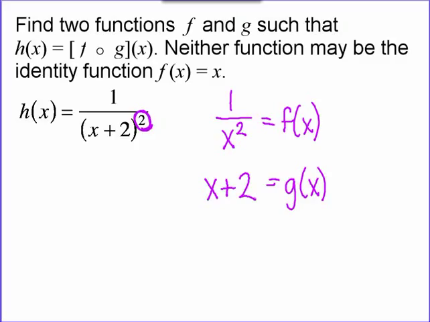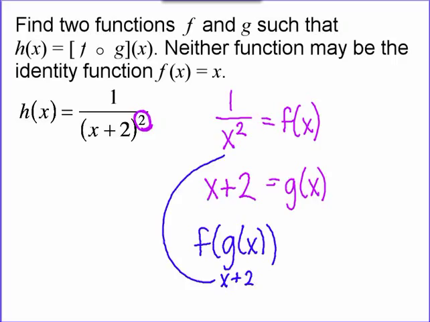Remember my original thing is to take f of g of x like this. If I put x plus 2 down here for g of x, and I now take that x plus 2 and plug it in right here, I'm going to get 1 over x plus 2 quantity squared. It's kind of like you're having to think about going backwards.